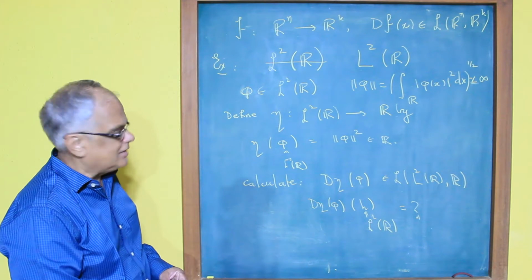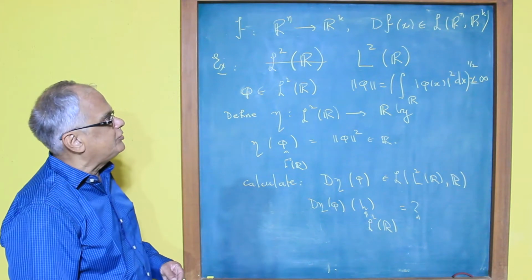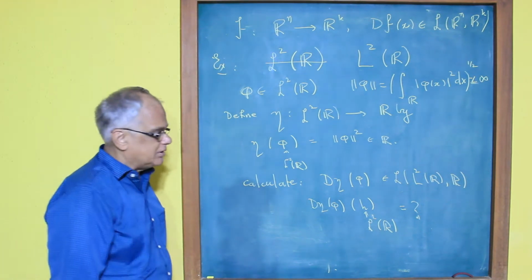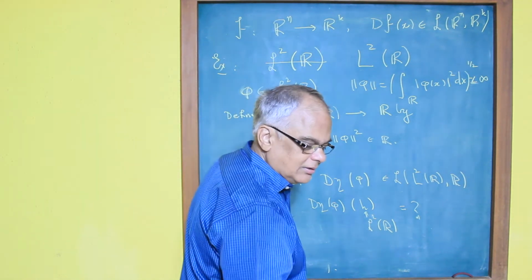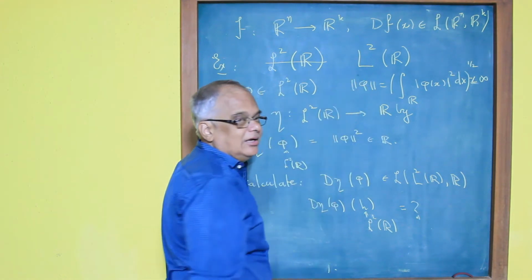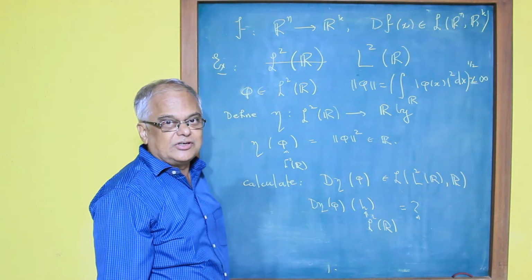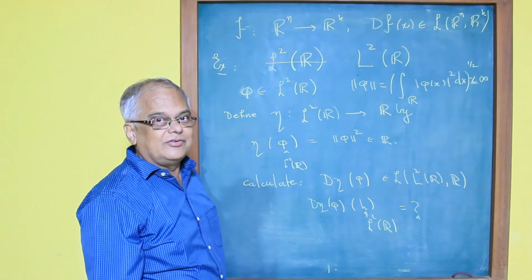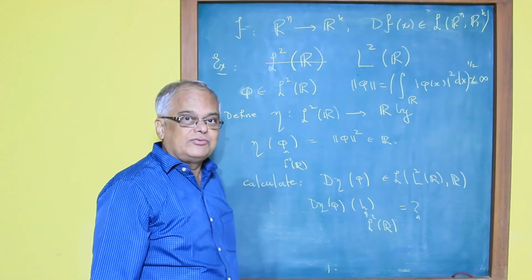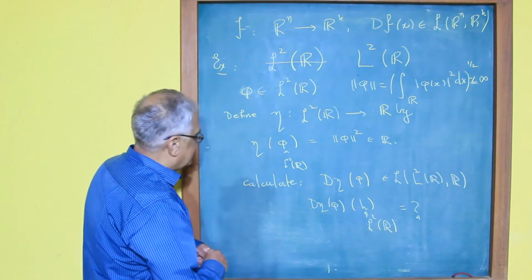So this is an exercise which will just try to convince you that the definition we are given actually works also in infinite dimensions, because this space L2 of R is the Hilbert space of square integrable functions on R, and that is an infinite dimensional space, and therefore there is no question of talking about partial derivatives.